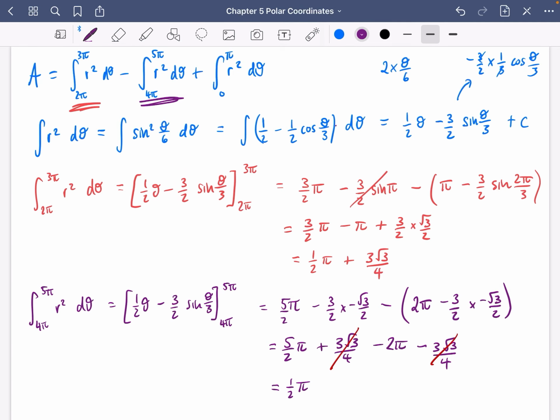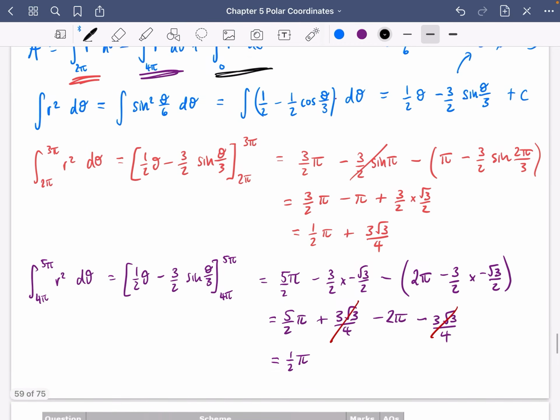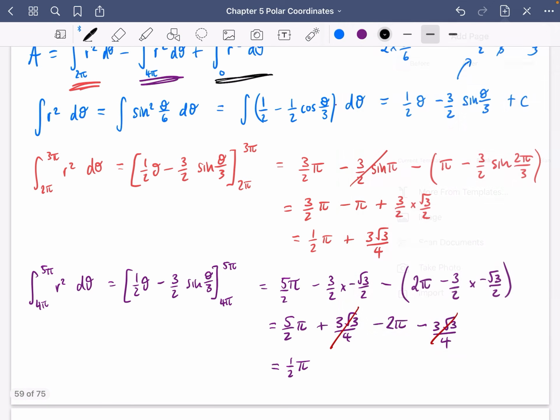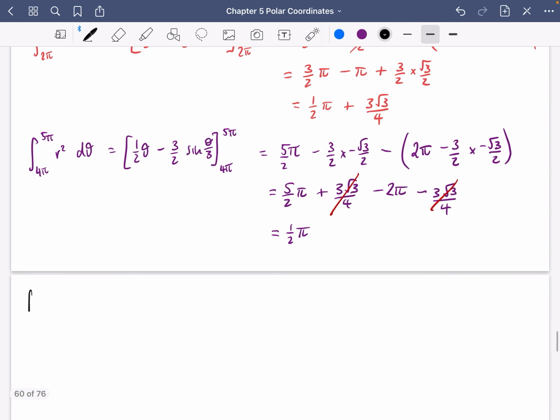The last section now, I'll do this in this black color. I'm just going to be doing the same thing, but between 0 and pi. Quite a lot of work here. So between 0 and pi, when I put pi in, I'm going to have a half pi minus 3 over 2 sine of pi over 3.